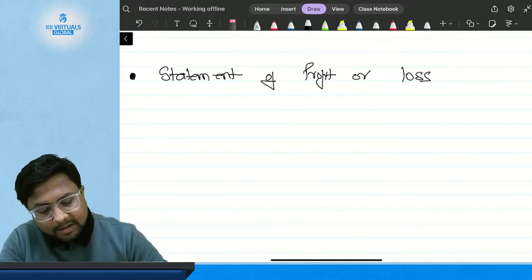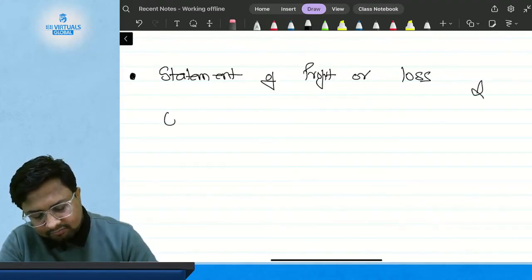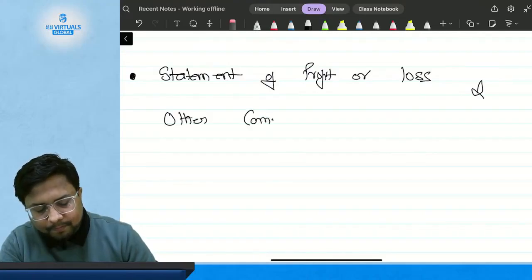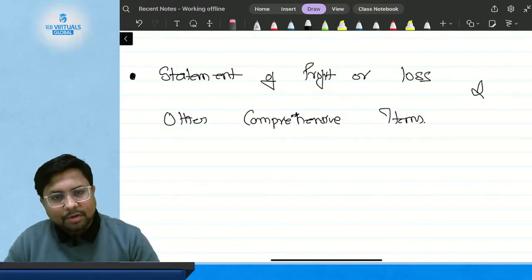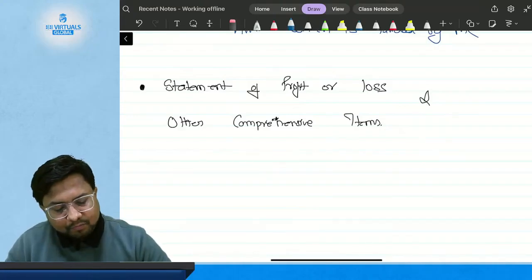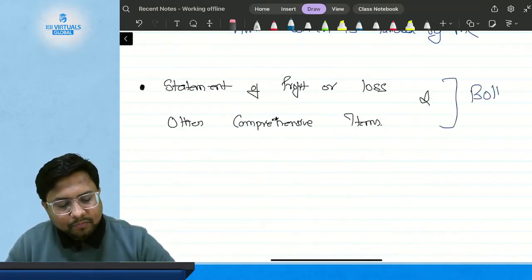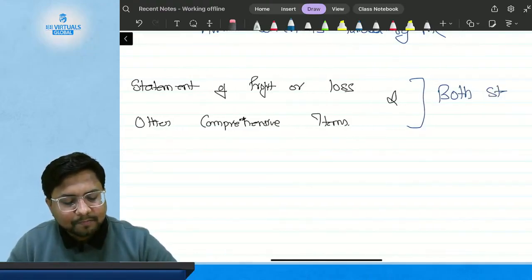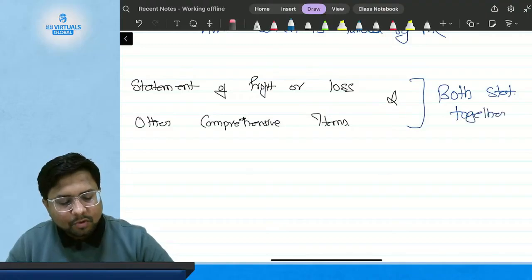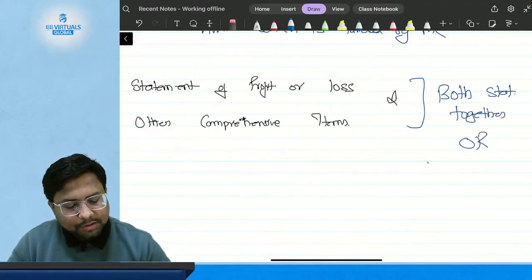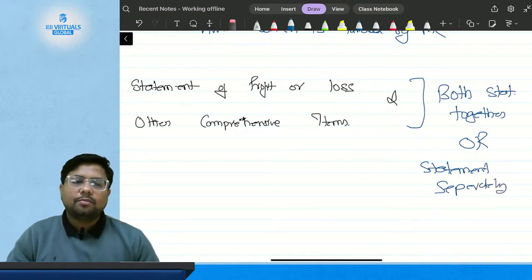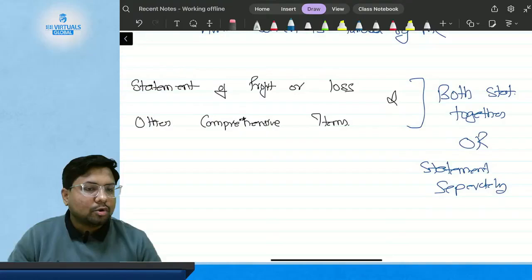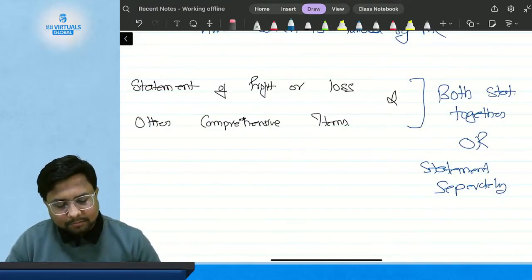Now you can either prepare both these statements together in one format, or you can prepare both these statements separately.